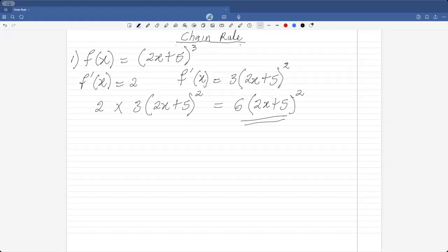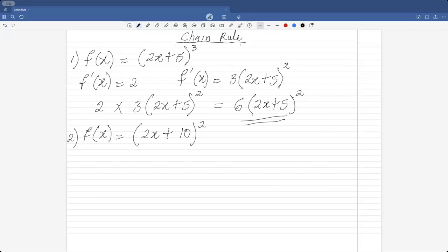So let's take another example. Let's say we have f(x) equals (2x + 10) all to the power of 2.